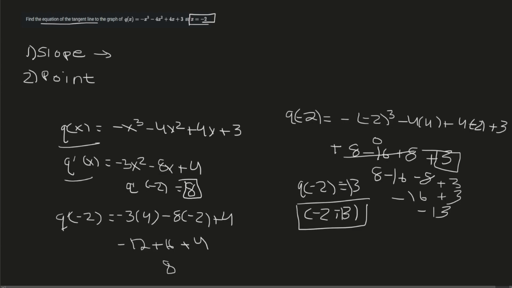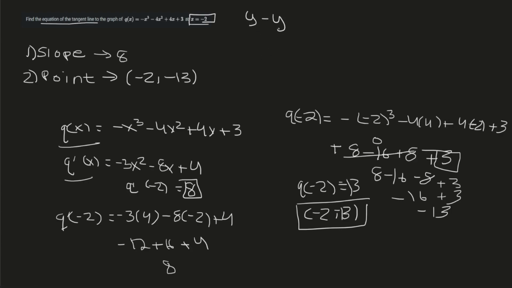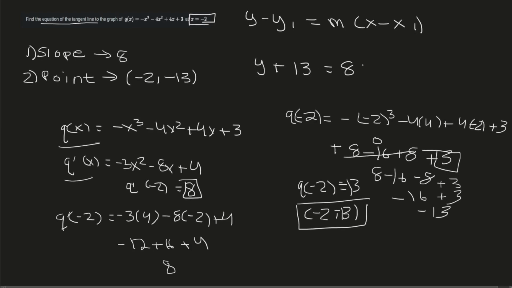So we have our slope and we have our point, which is all we need to begin formulating the equation for the tangent line. So using point-slope form, which I'll write down just for reference, we will get an answer of y plus 13 equals 8 times the quantity x plus 2.